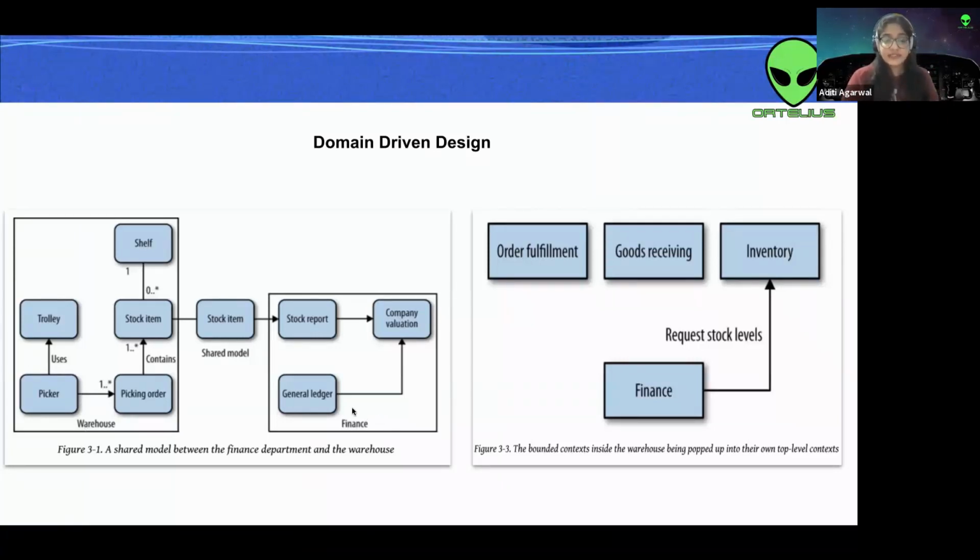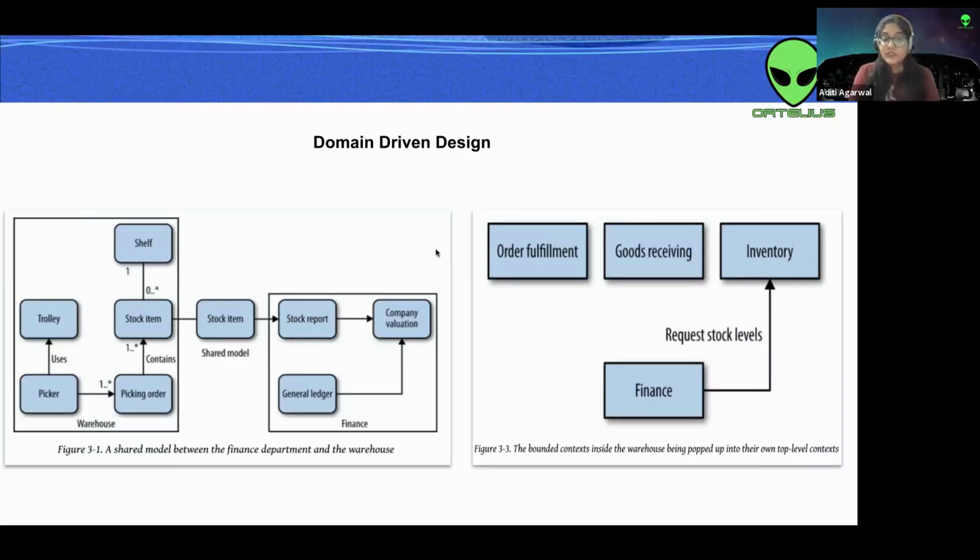So in this case, I have two subdomains, warehouse and finance, in which I have a few solutions which need to be implemented. So if we see this from the perspective of the problem space, the complete organization is something which is called domain, and inside that, how many subdomains or the departments we have, that can be termed as subdomains.